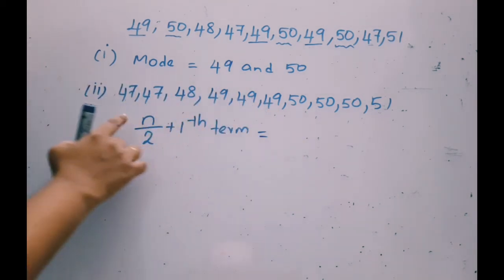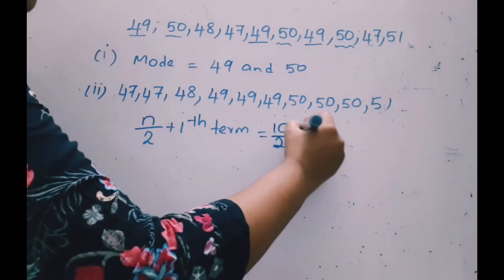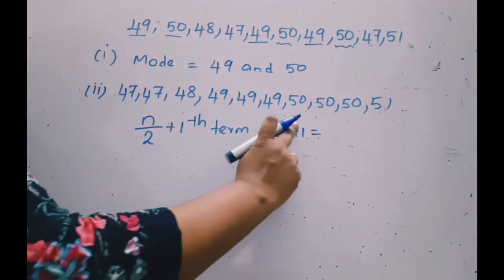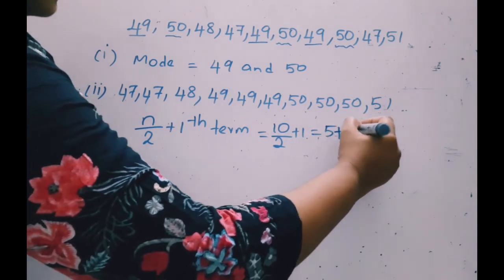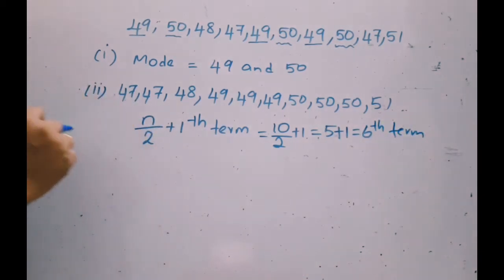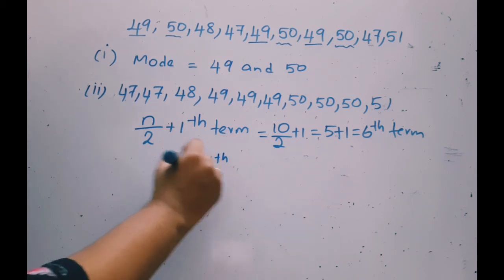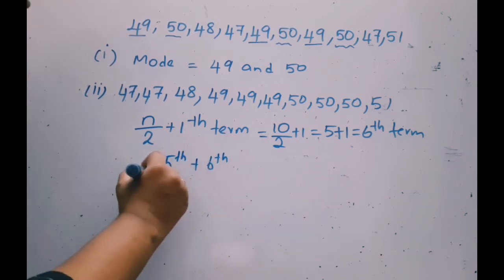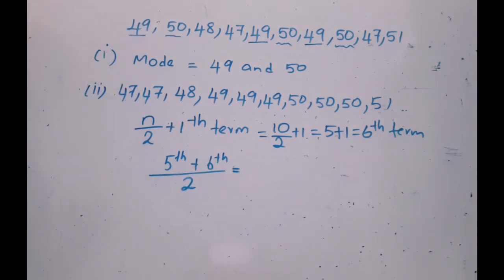So let's substitute now. n is going to be 10 divided by 2 plus 1. 10 divided by 2 is 5 plus 1, which is the sixth term. So after that, what did we do? We should add the sixth term and the previous term and then divide it by 2 in order to find the center value. So what is the fifth term?